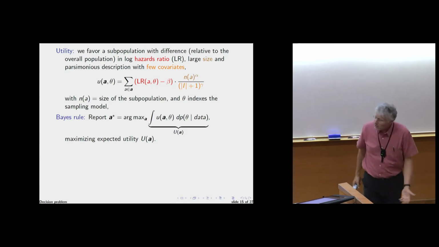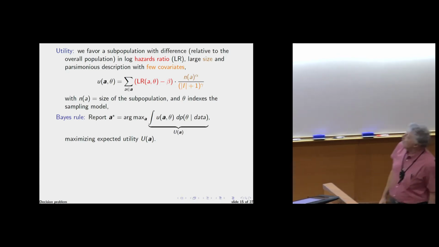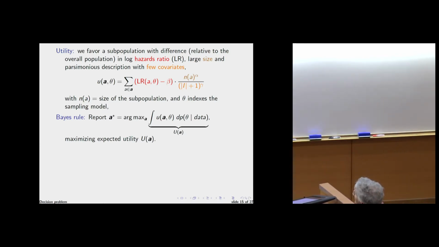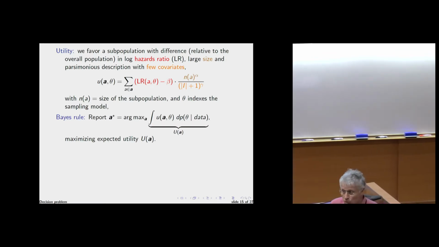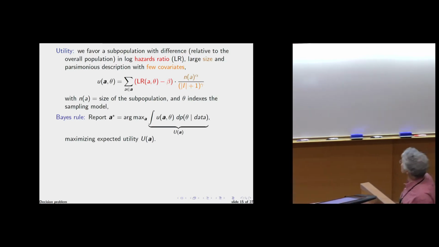That's essentially it. If U is our criterion, if I say that my relative preferences for different choices of subpopulations are described by the red, the brown, and the orange, then what you simply have to do is choose the action, report the subpopulation that maximizes the criterion. That's the winner, right? In doing so, there's a minor problem.